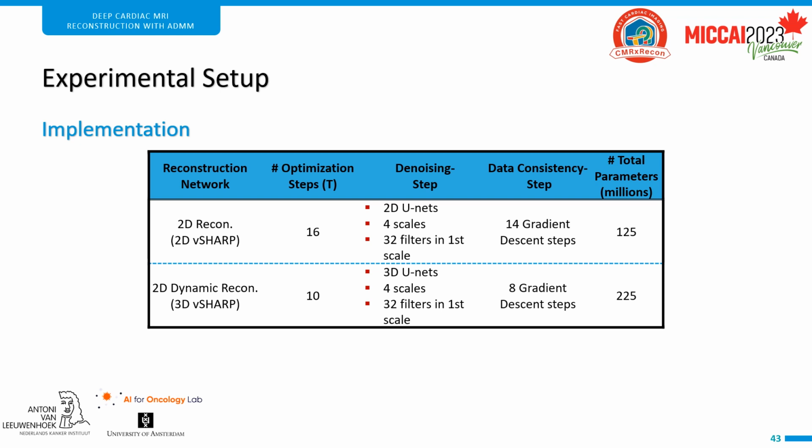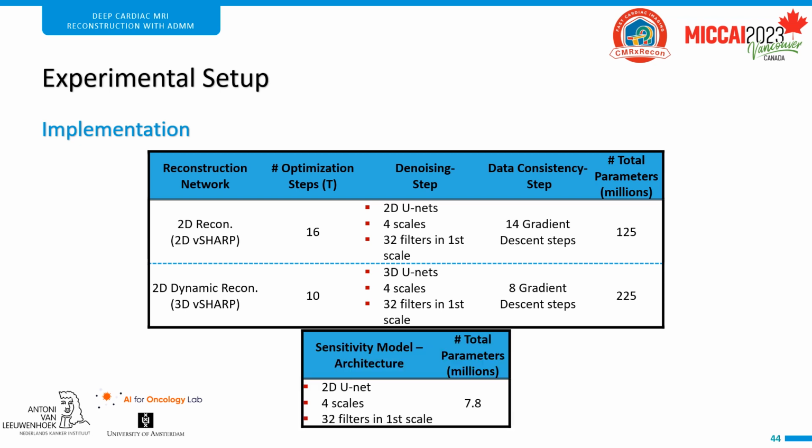With this choice of hyperparameters, the total number of trainable parameters amounted to around 100 million more than the non-dynamic setup. For the sensitivity model, for both setups, we utilized a 2D UNet with 4 scales and 32 filters for the first scale, which contained around 8 million parameters.